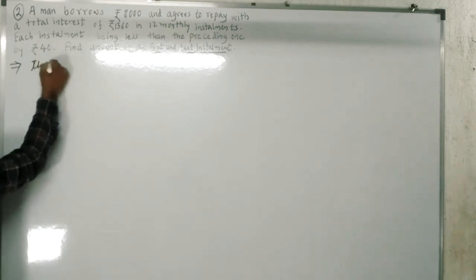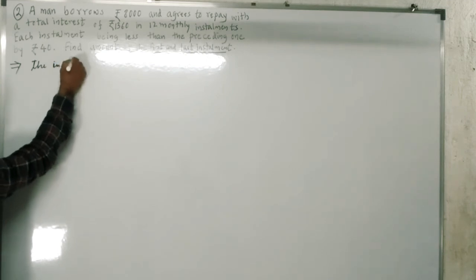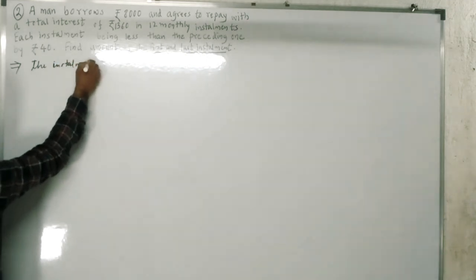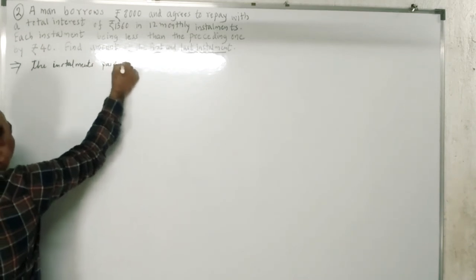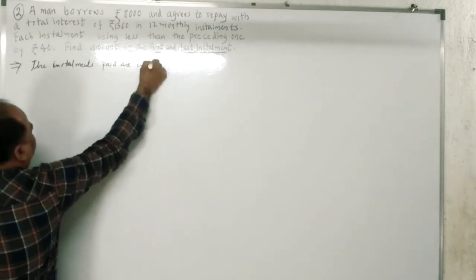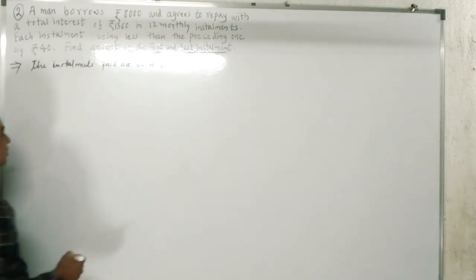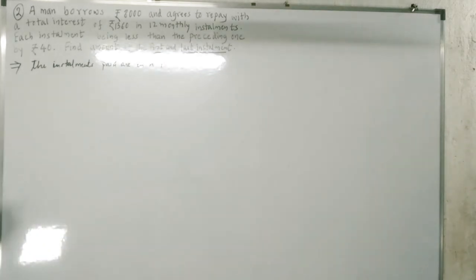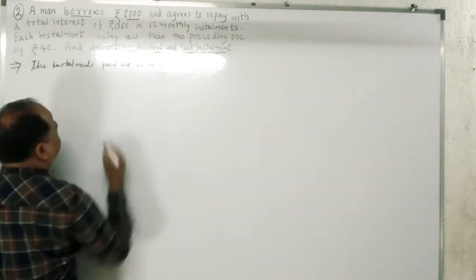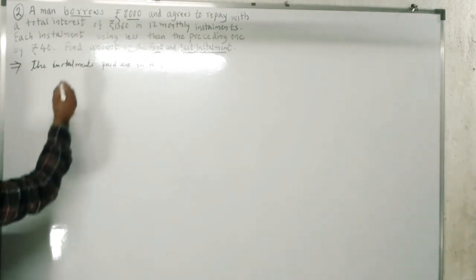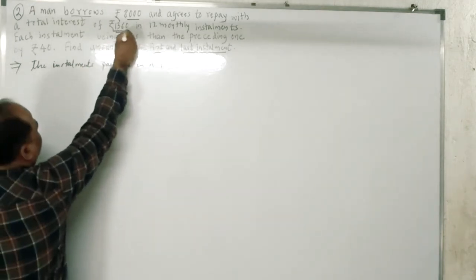The installments paid are in arithmetic progression. So, now the man borrowed rupees 8,000 and agreed to pay interest back again.